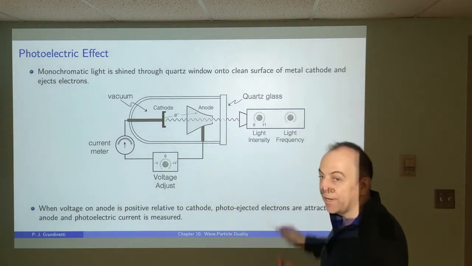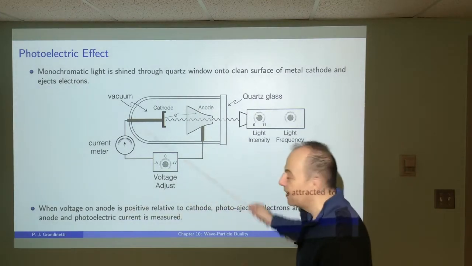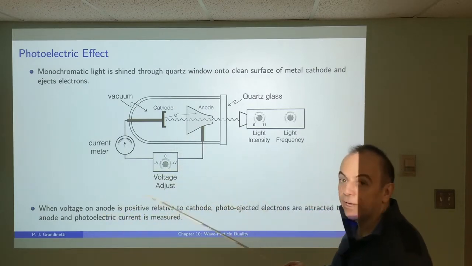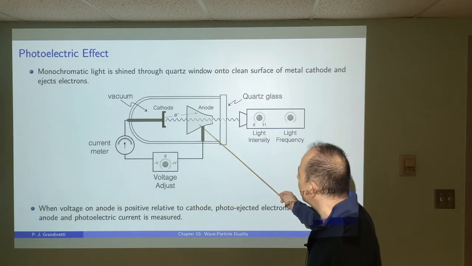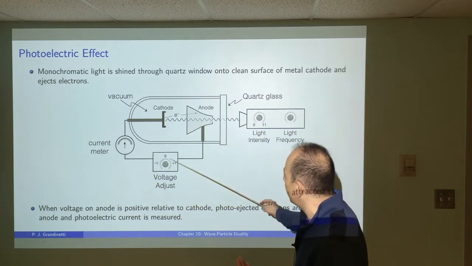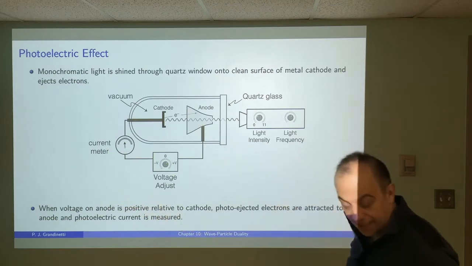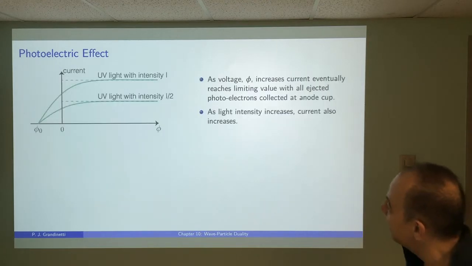And as this anode becomes more and more negatively charged, the repulsive force acting on the electrons as they're coming towards it will get greater and greater. Eventually, you can make this even more negative, so eventually you can stop the electrons from hitting the anode. And that's what's done here.